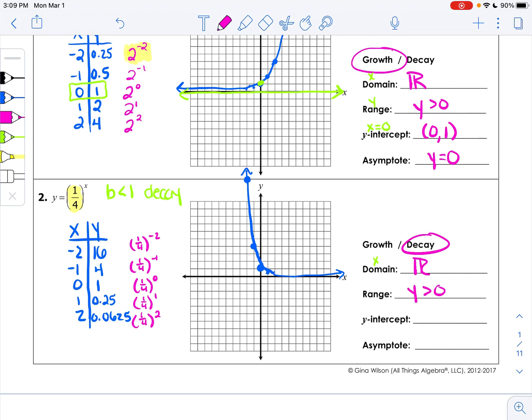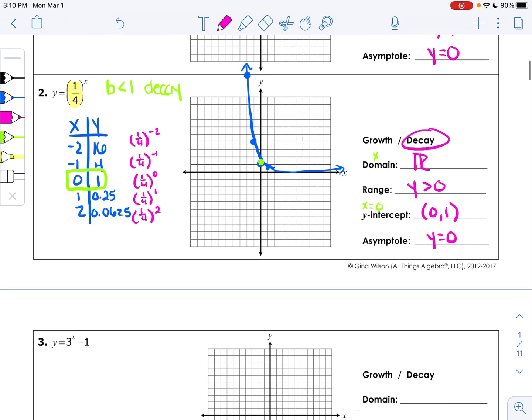Your y-intercept is going to be 0, 1. Again, you can look at your graph at that point that it crosses your y-axis, or you can look at your table where x equals 0. And then your asymptote is y equals 0. It's where that graph is approaching your x-axis but not exactly reaching it.